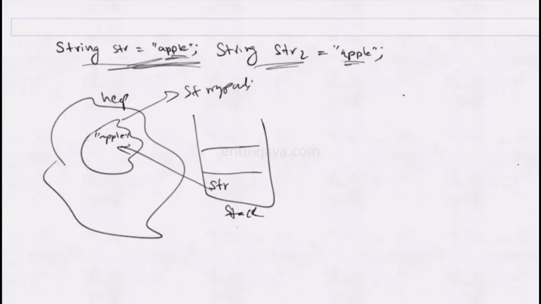So this being a reference type, we'll have str2 inside the stack. This statement will not create a new object inside the string pool. Instead, it would just point to the exact same object, because they're essentially holding the same exact string, apple.